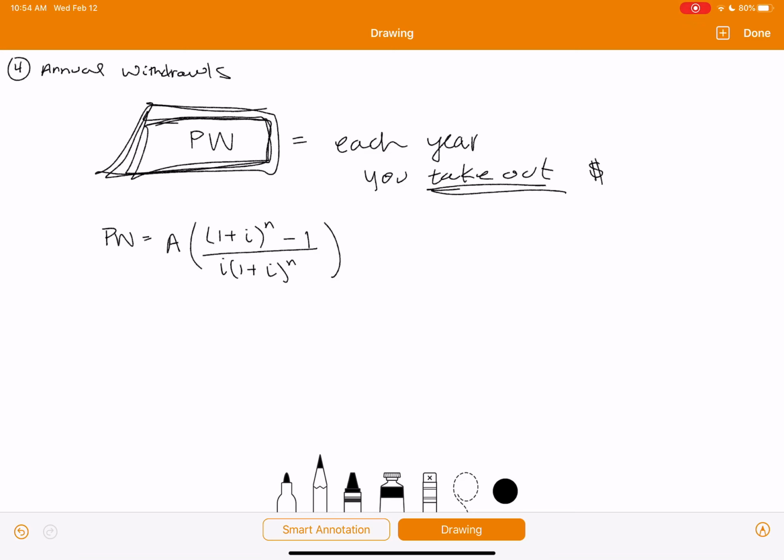All right, so for example, if we had an account with a certain amount of money in it, and the interest on this account is 7%, and every year we withdraw $1,000.